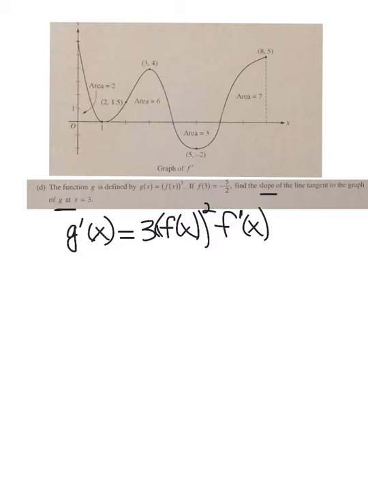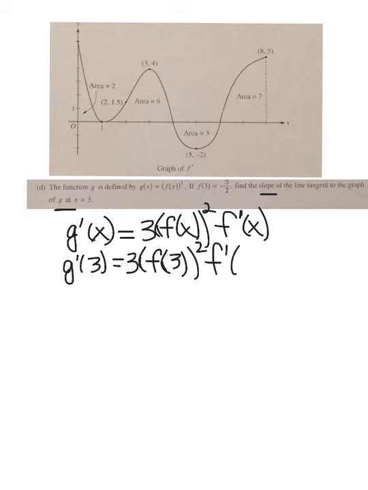Okay, so there's the general derivative. Now what we have to do is we have to plug in 3, right? So g prime of 3 equals 3 times f of 3, that quantity squared, times f prime of 3.